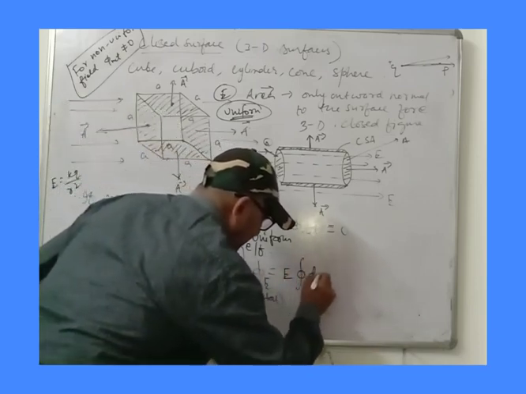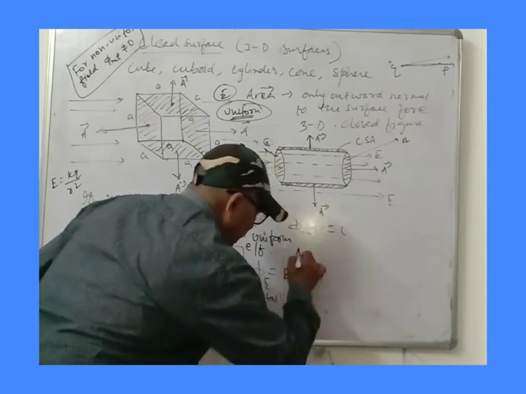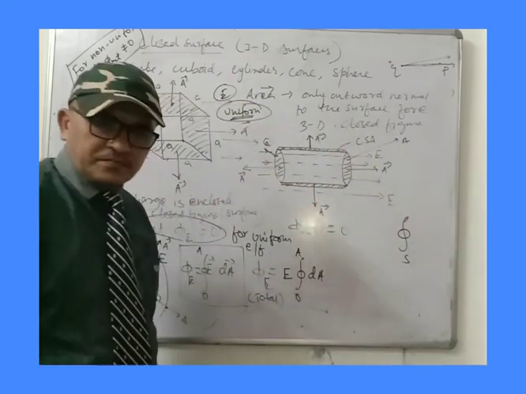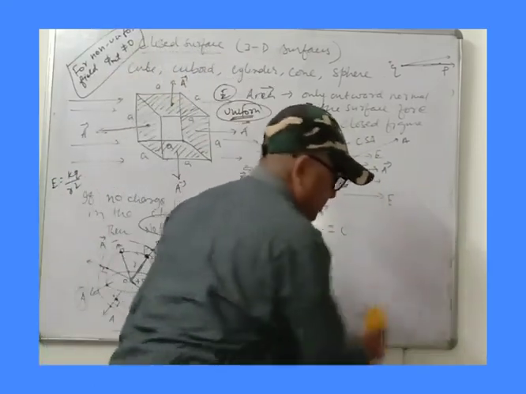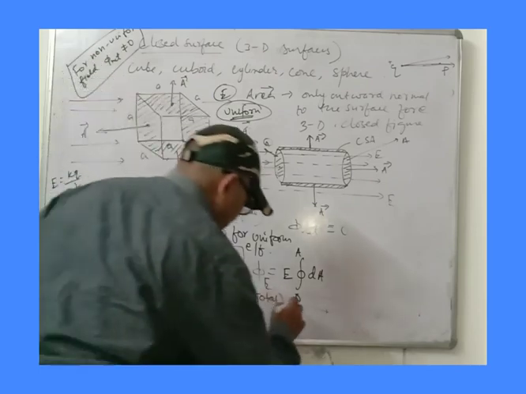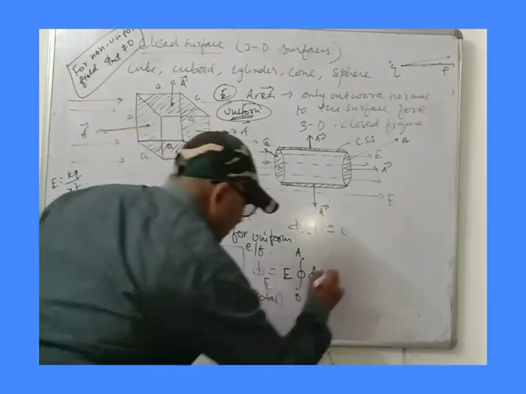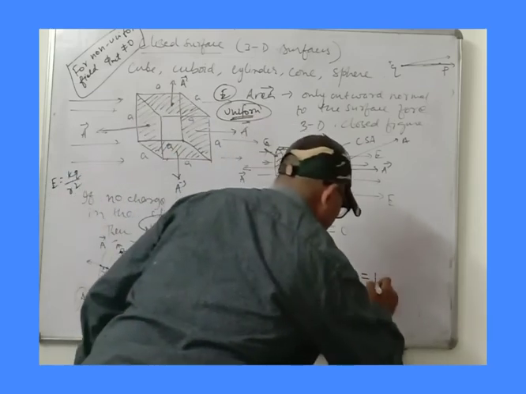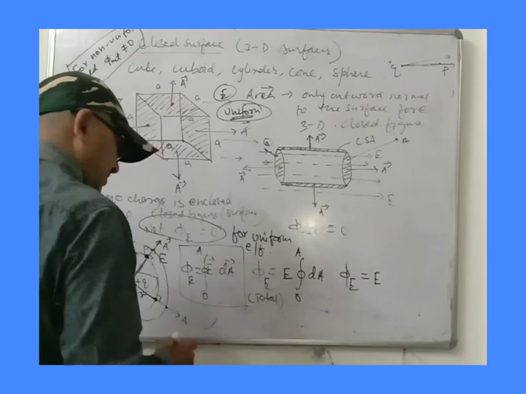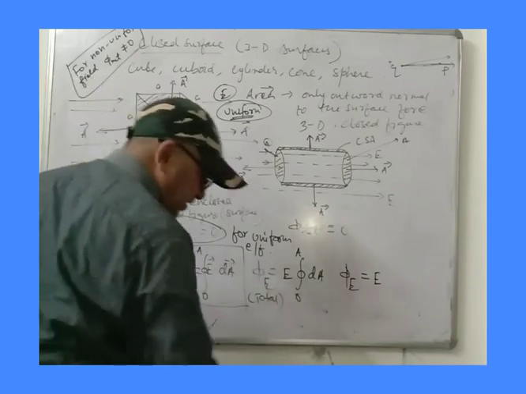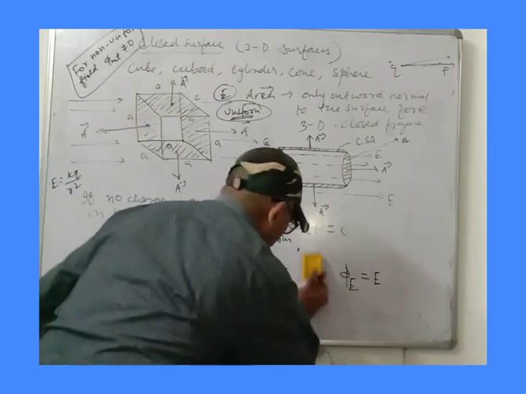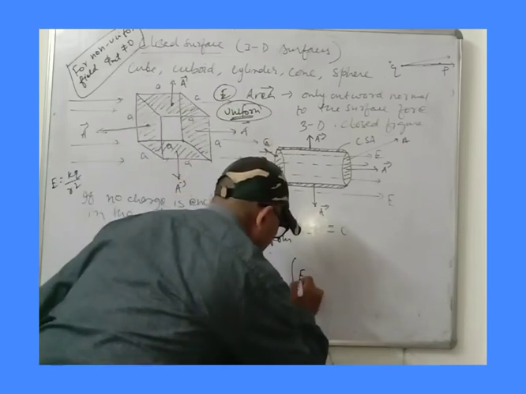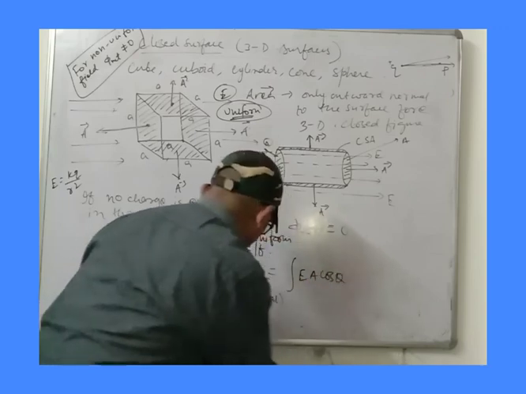So E outside, surface integral dA, 0 to A. Or in some books it is written like this with S. So finally what happens? Phi E total equals E dot dA, just a mistake. E dot dA, then it will be E dA cos theta, dot product.